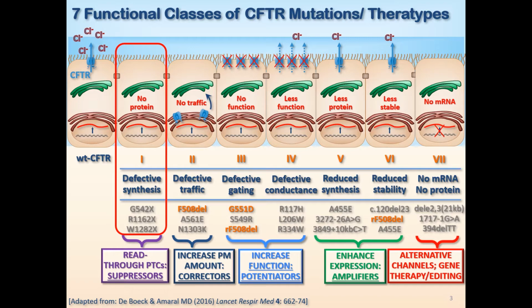So examples include G542X, R1162X, or W1282X. So we expect that these mutations can actually be rescued by what we call PTC suppressors or read-through molecules.